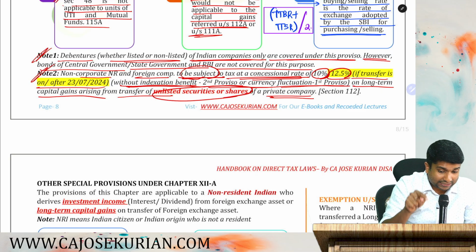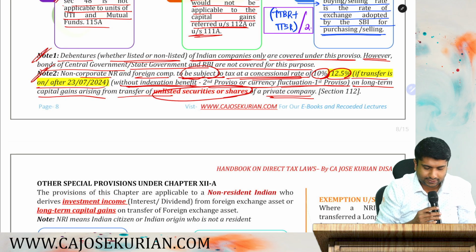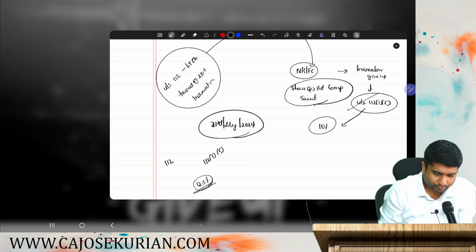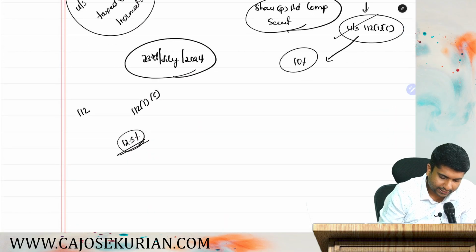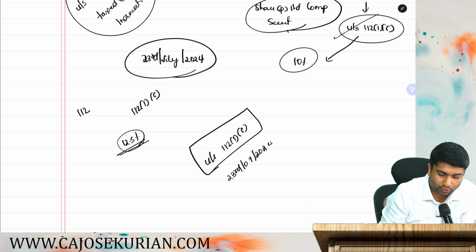So what you can say for 112 subsection 1 clause number C is, if the assessee wants to opt for 112 subsection 1 clause number C, that too after 23rd July 2024, their rate of tax will be 12.5 percent.